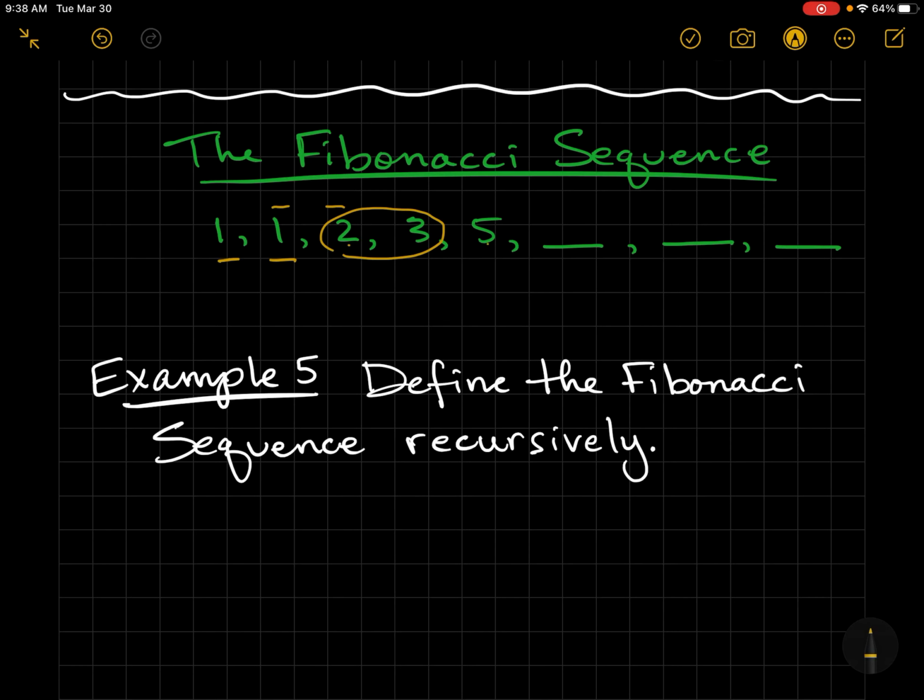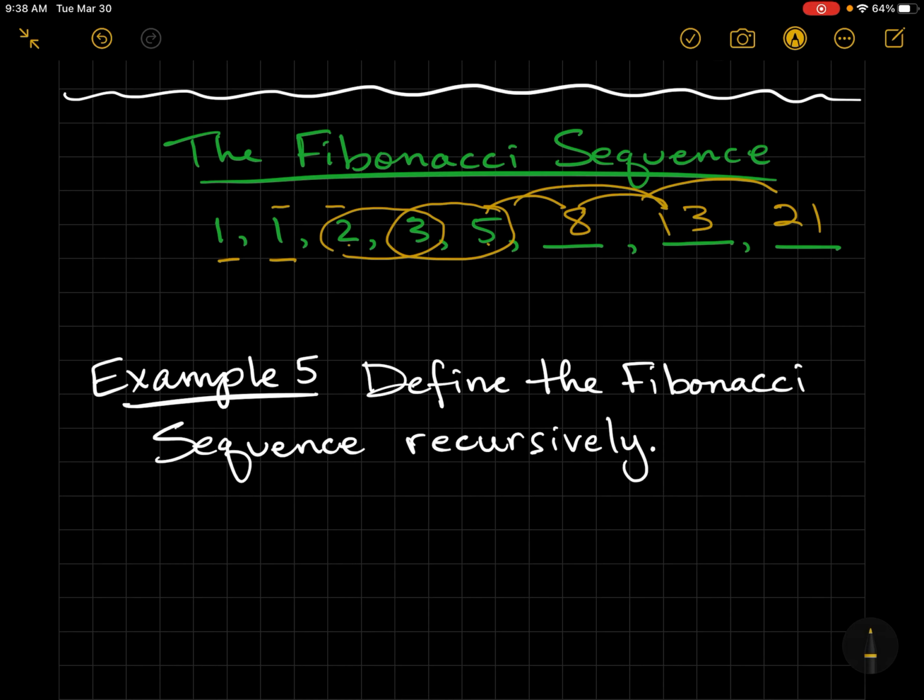2 plus 3 is 5. So to get the next term, I would add 3 plus 5 to get 8. 5 and 8 give me 13. 8 and 13 give me 21. And you can do this forever. There's no end.